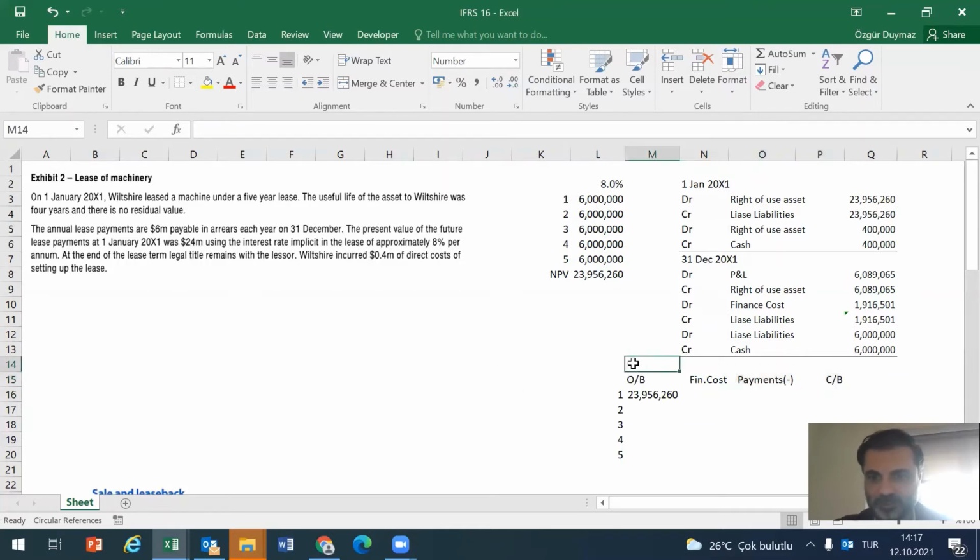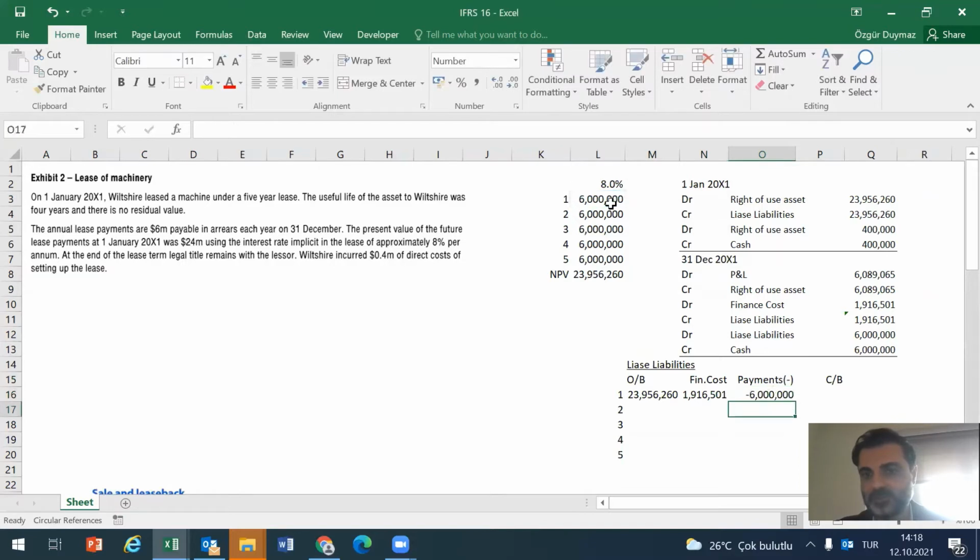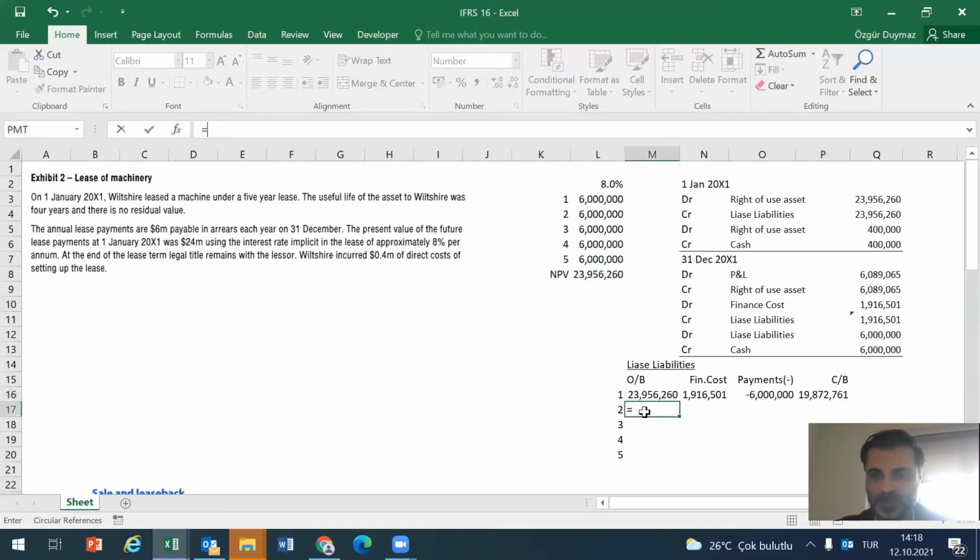Okay. This is a summary of leasing liabilities. And finance cost is opening balance multiplied by interest rate. And payment should be deducted from leasing liabilities. And this is the open balance. We need to reach 0 at the end of the term.